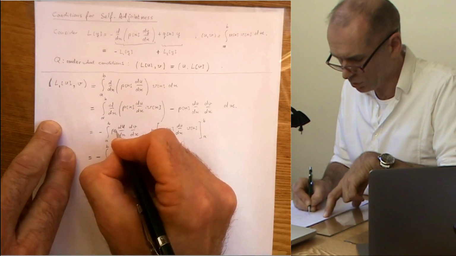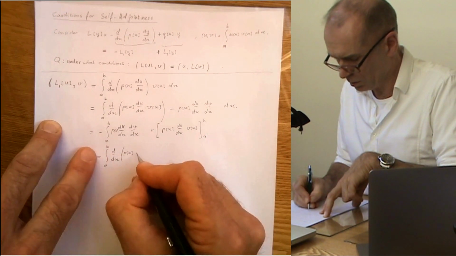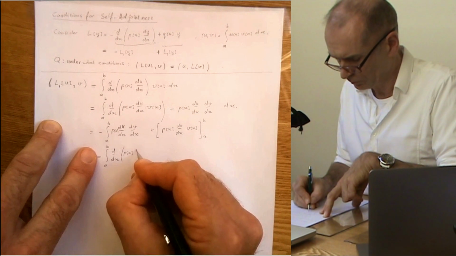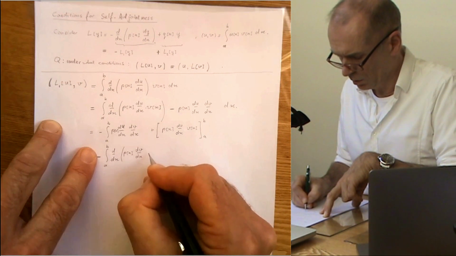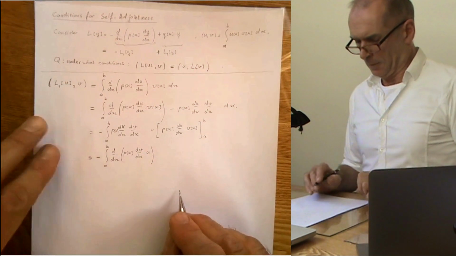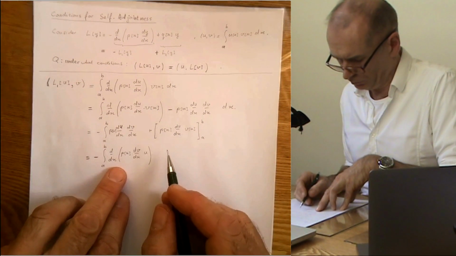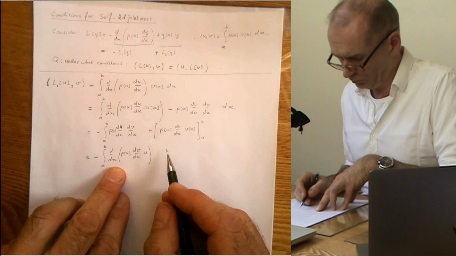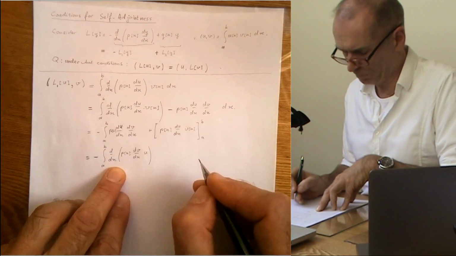This was a function of x, so I've pulled this one out, and dv/dx is still here. Now, to what extent is that equal to that? Well, I have to subtract what I don't have.